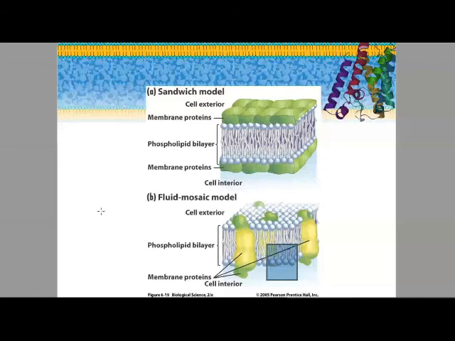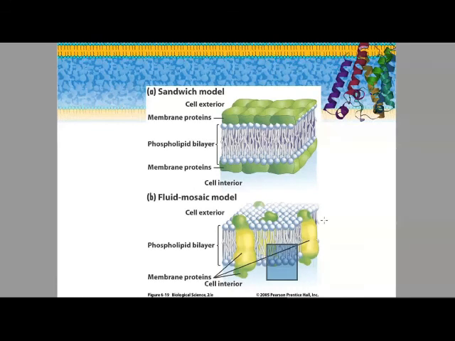The molecules within the structure of the phospholipid bilayer can flow. They can be moved from one place to another. So these proteins can move from this place to another place. They remain as part of the membrane, but they can change their location.